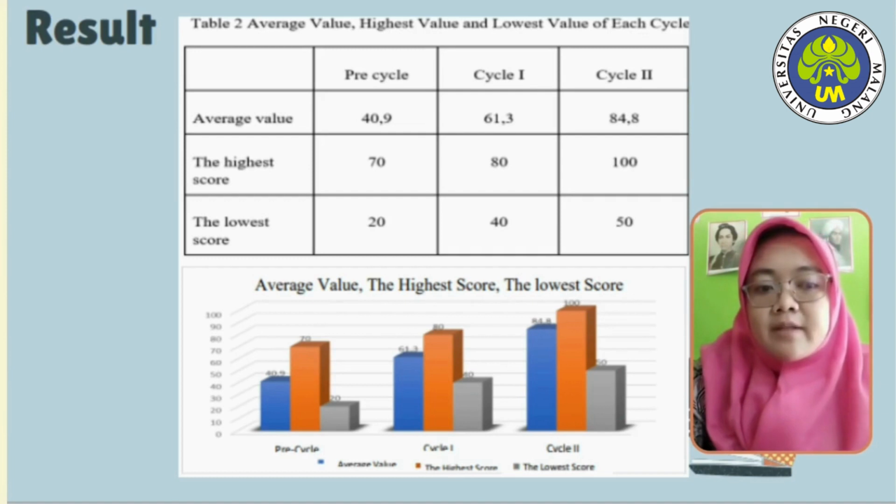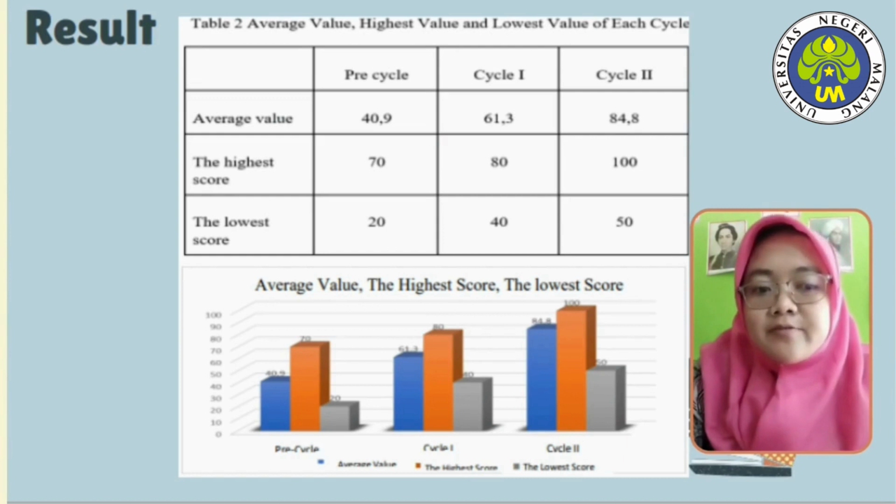Analysis of Table 2 shows that the pre-cycle student learning outcomes have a minimum score of 20 and the highest score of 70. In cycle 1, the minimum score is 40 and the highest score is 80. In the second cycle, the minimum score is 50 while the highest score is 100.